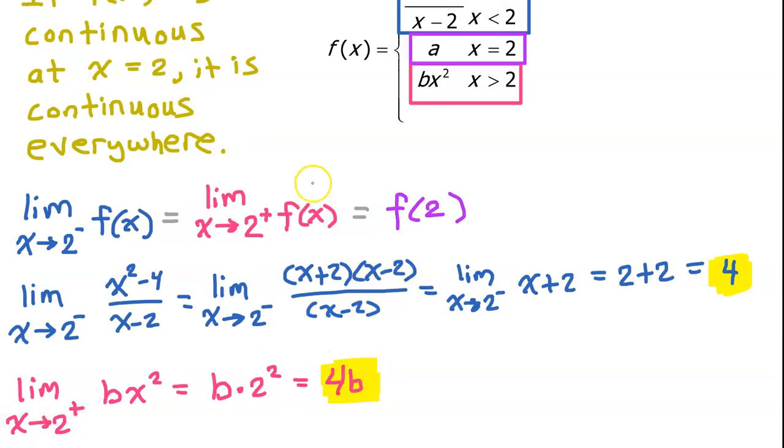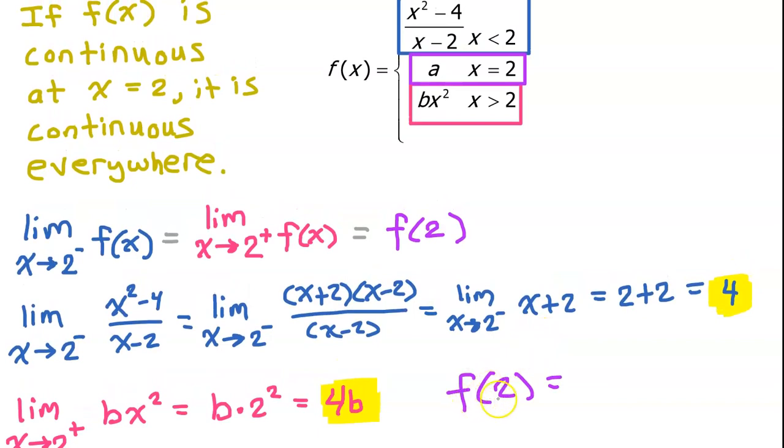Now let's find an expression for the third piece of the definition of continuity. Let's find the value of f at 2. Well, f at 2 means x equals 2, and that is a according to this piecewise function.